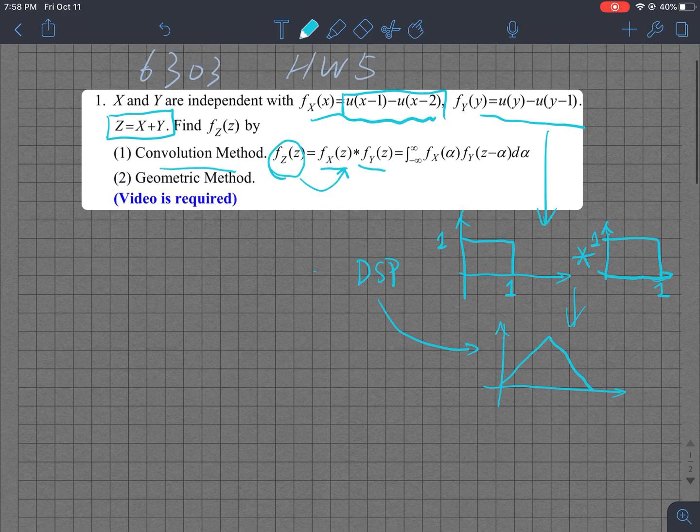This question is basically just moving X one part to the right, and Y keeps the same. So what we need to do is just move this triangle one step forward. This will be an intuitive result.